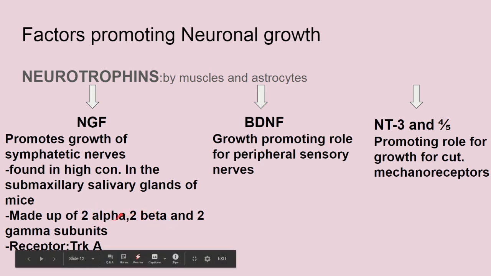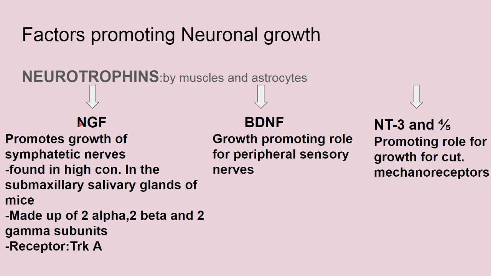So it has mainly trypsin-like activity, insulin-like activity, and also the nerve growth promoting activities. And the gamma is nothing but a serine protease, and its function is not known yet. Now the receptor of the NGF is TrkA. The full form of this is tropomyosin receptor kinase A. The receptor of NGF is TrkA.